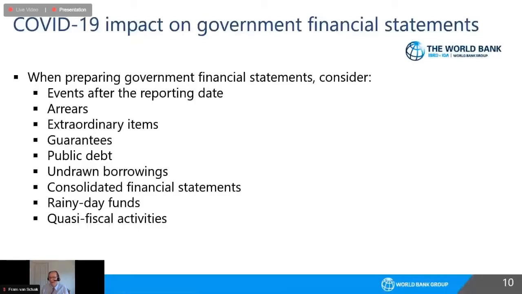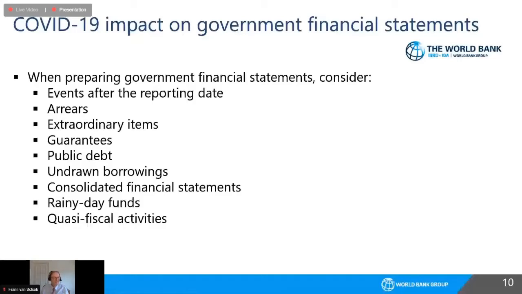The last point I would like to mention is about sovereign wealth funds and rainy day funds. Sovereign wealth funds are big state-owned investments. Often they don't figure in the government financial statements. It's not necessarily secret, but the whole intention is to park funds separately for a rainy day.